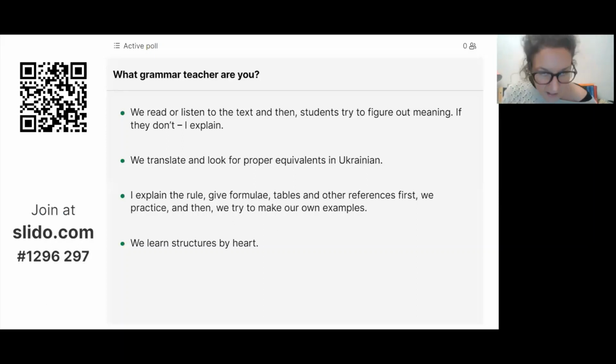And finally, I have a little poll for you. You know the drill. You scan the QR code, or you go to slido.com and enter this code. After that, I will ask you to choose which statement is true for you.